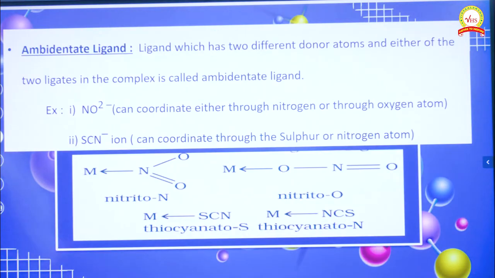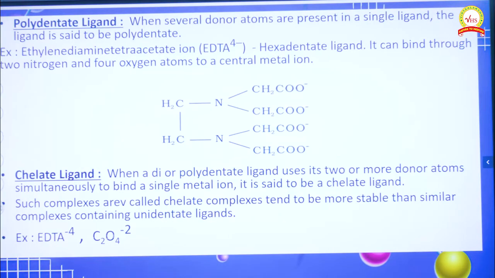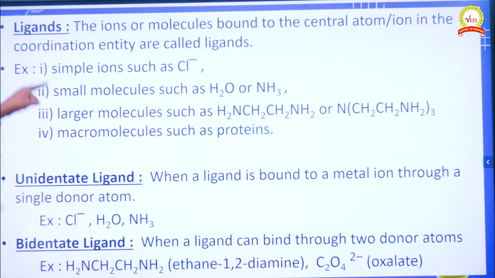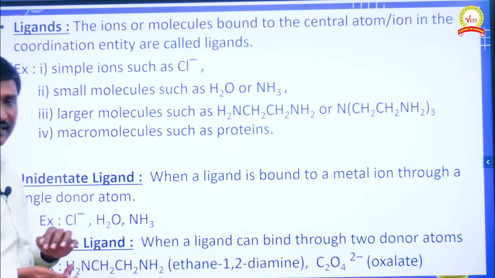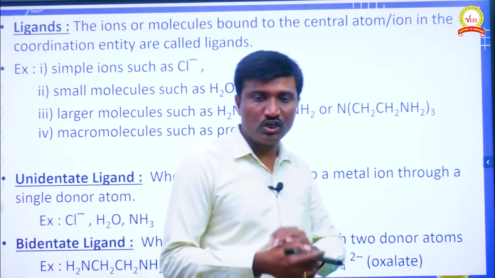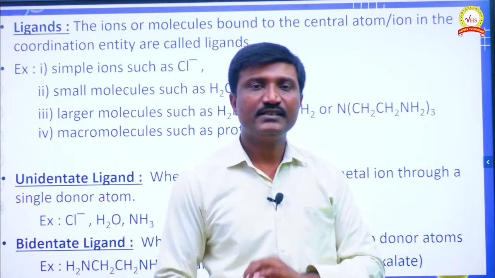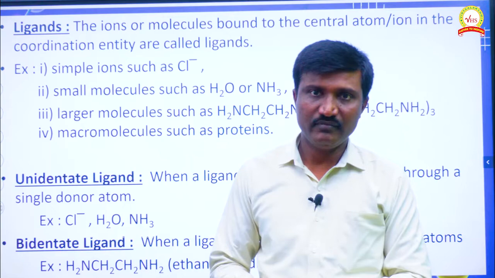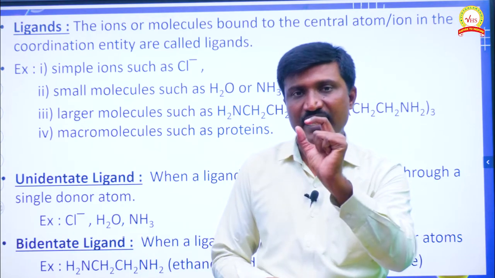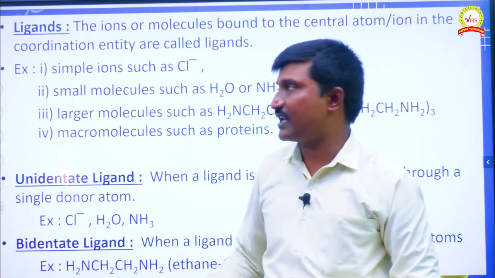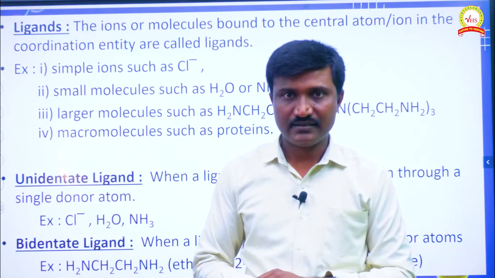Now, let us see about different types of ligands. This we discussed. What is a ligand? A ligand is nothing but an ion or molecule which is going to bind to the central metal atom, right? Some fixed number of ions or groups which are going to bind to the central atom we call ligands.